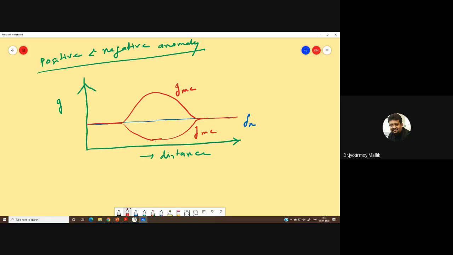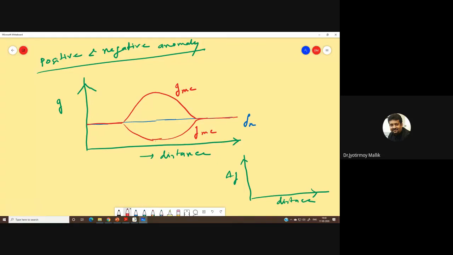Now, if I do a second plot, again distance versus, in this case, delta G, the gravity anomaly, and I correspond that to the first graph.